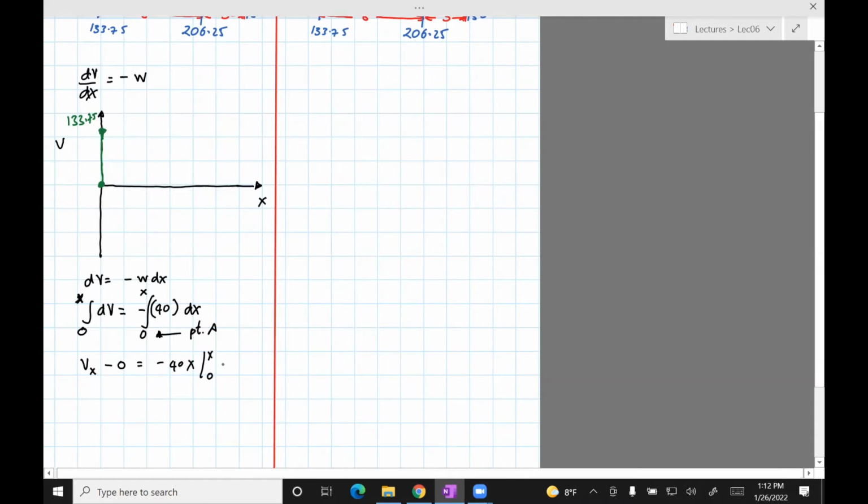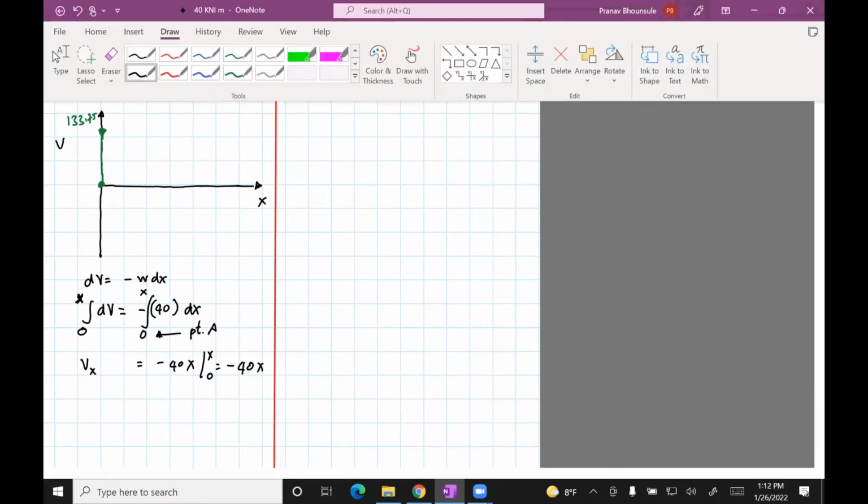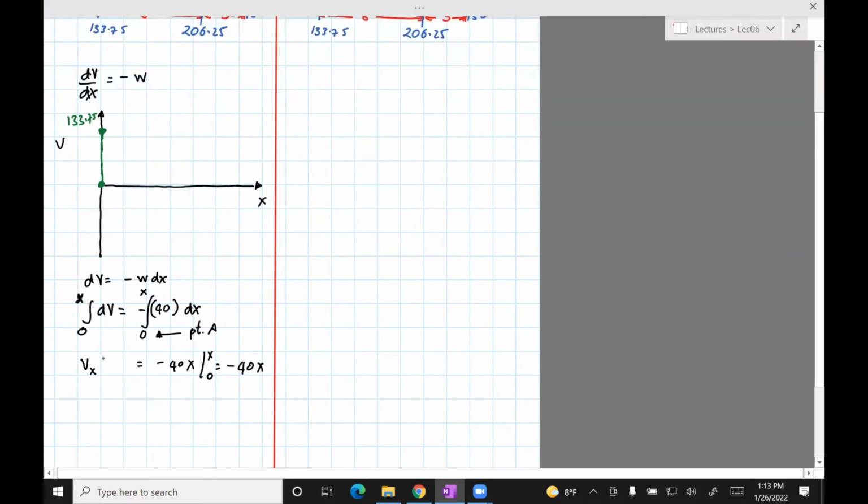X is upper limit, lower limit is 0, which is minus 40x. No, I'm doing something wrong. This is not 0, right? Because you see that the shear force is 133.75. So I need to put 133.75 there. Okay, which means that the equation is Vx equals 133.75 minus 40x.